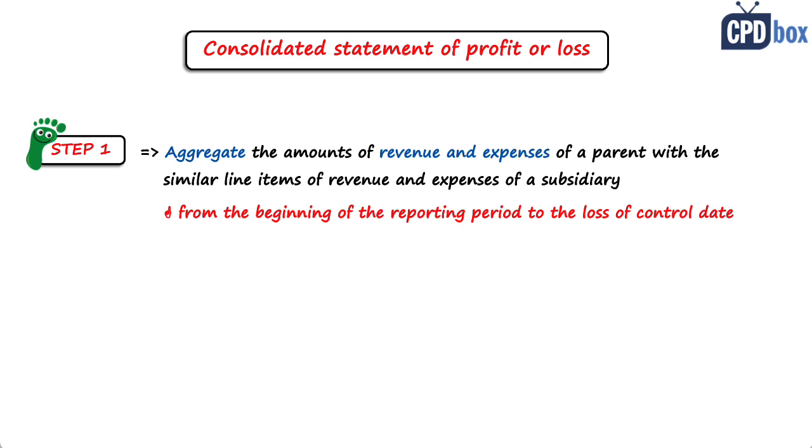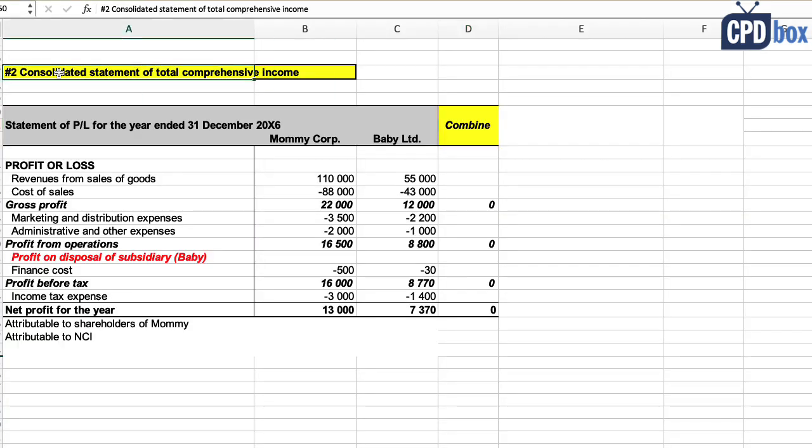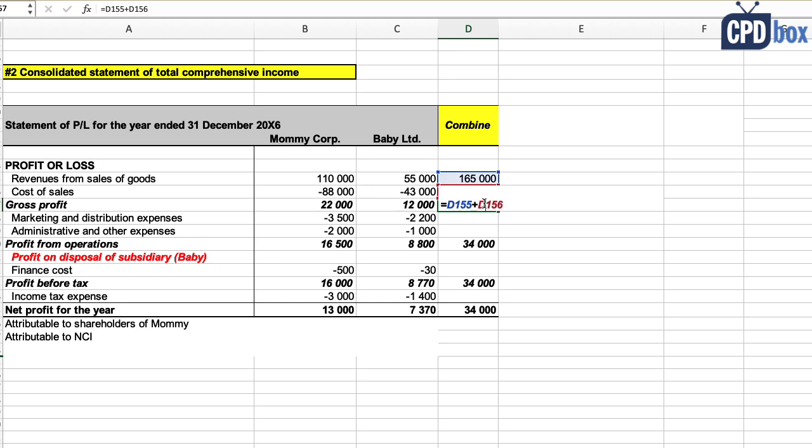I am talking about subsidiary's items. And that's logical because in that period, all those subsidiary's revenue and expenses belonged to the group. So let's combine here. In this example, it's simple because the question says that the sale happened on the last day of the year, and so all revenue and expenses are consolidated.